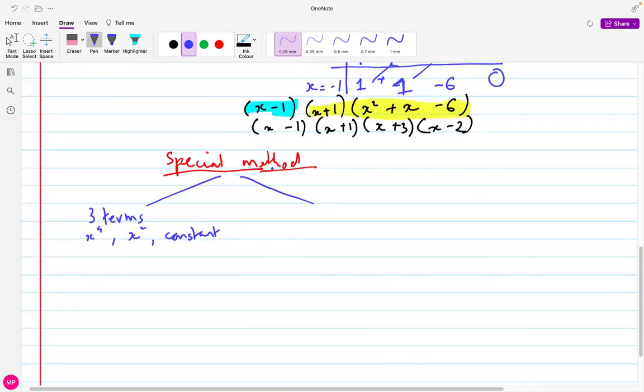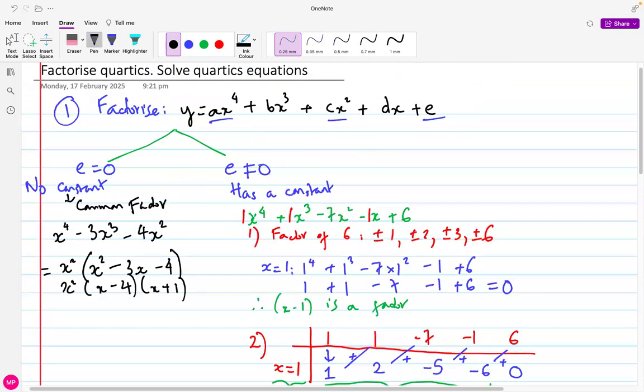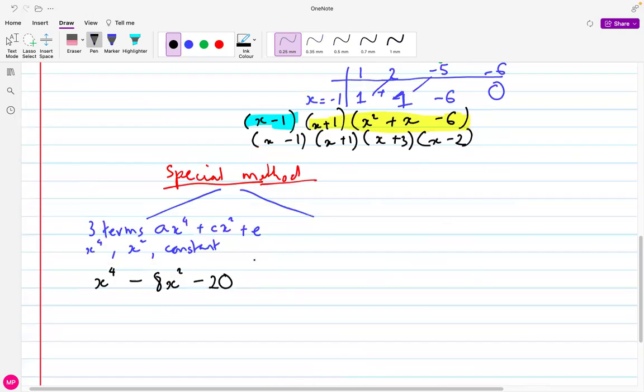So let me just write that as ax4 plus bx squared plus c. So if you have three terms like that, then what's the way? So if I have something like x4 minus 8x squared minus 20. Okay, so theoretically, if you have a constant, you could do the long way like that, but I'll show you the quicker way.